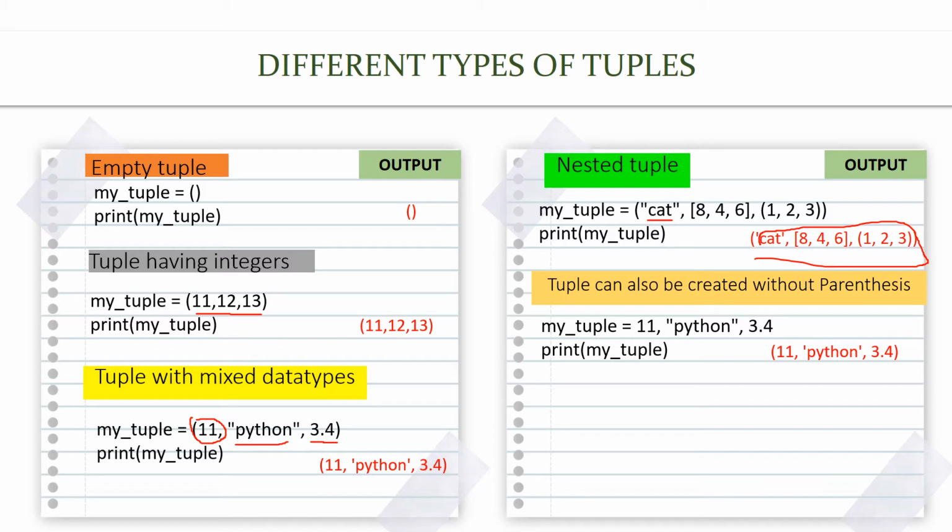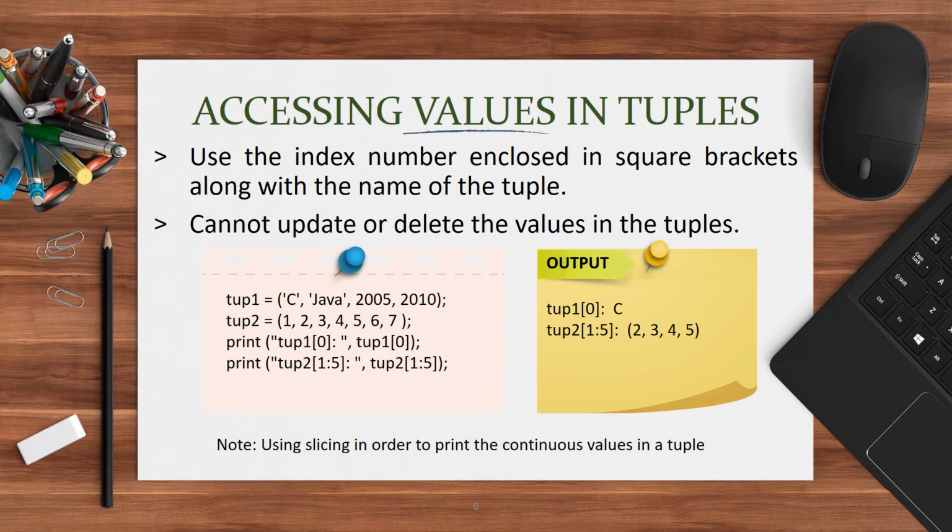The next one: tuples can also be created without parentheses. In the earlier examples I gave the parentheses, but in this example there are no parentheses for the values of the variable my_tuple. Whenever we print the output, it is printed with parentheses. How do we access the values in a tuple?